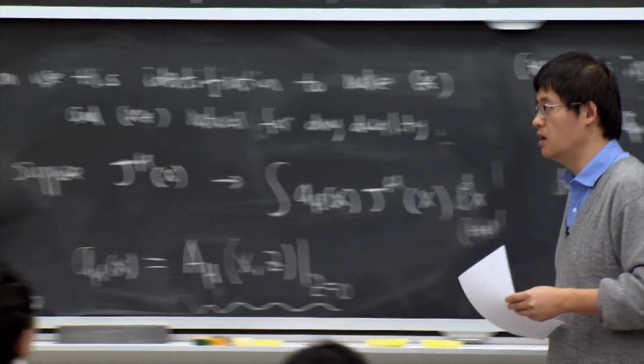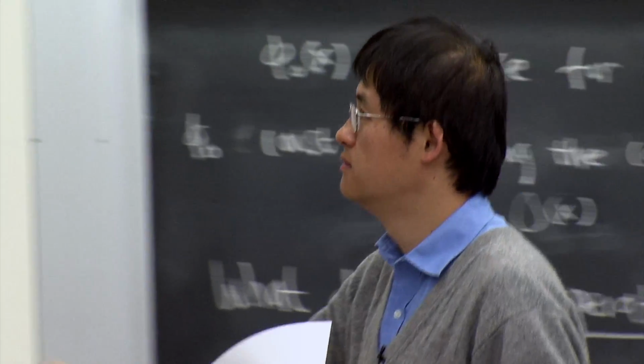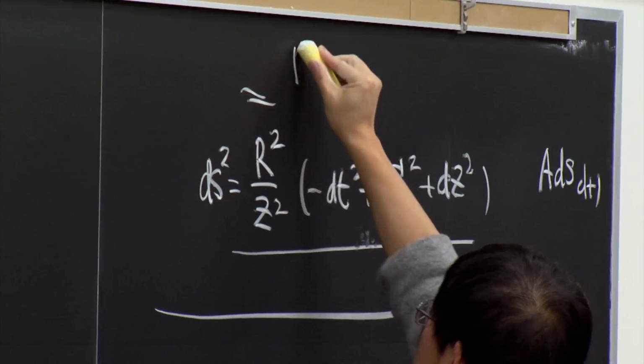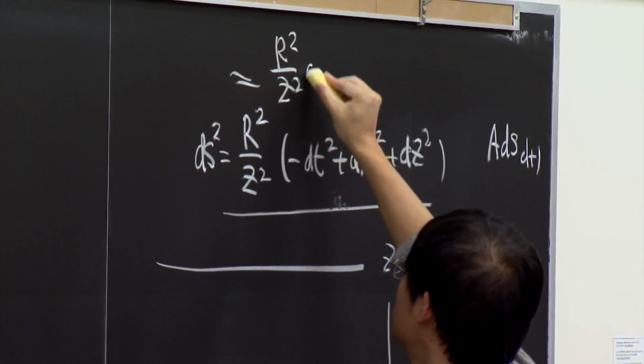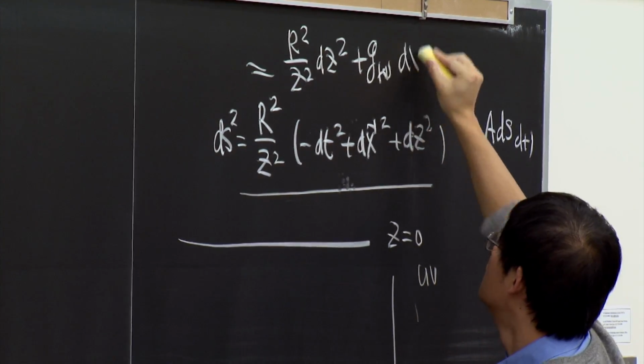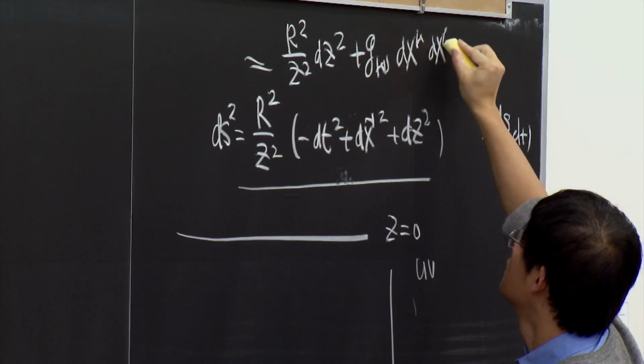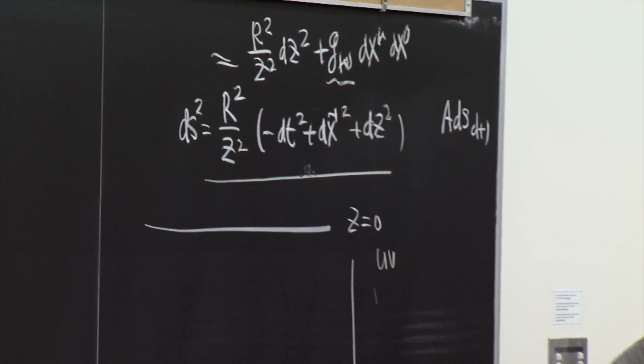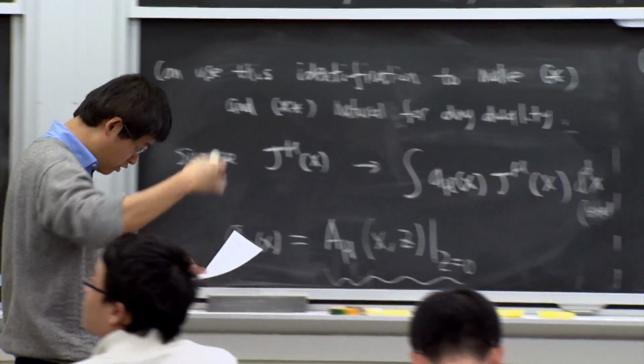Let me write this AdS metric in the form R squared over z squared, separating the z squared, with the rest. So this is essentially the component of the bulk metric along the boundary direction.